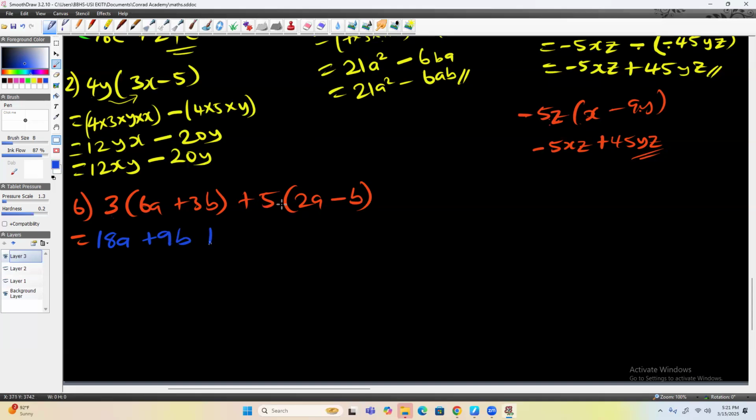Plus this 5 multiplying 2a, you have 10a. Then 5 times minus b, you have minus 5b.